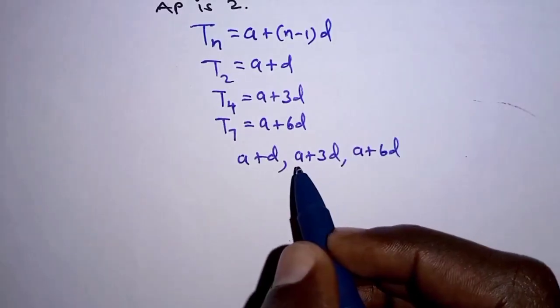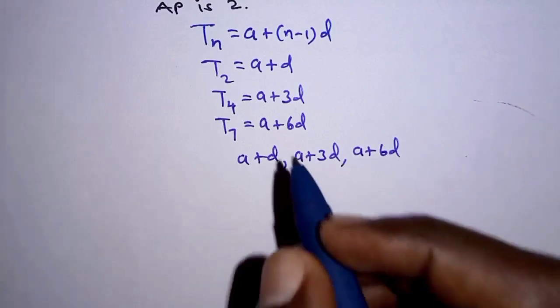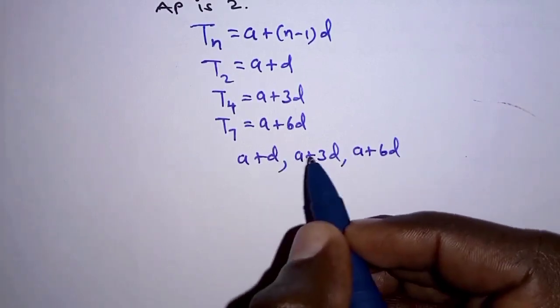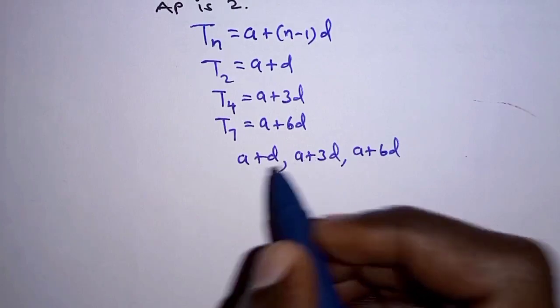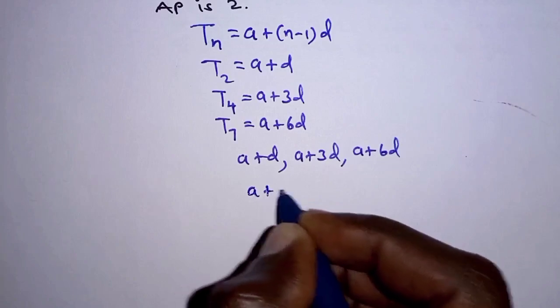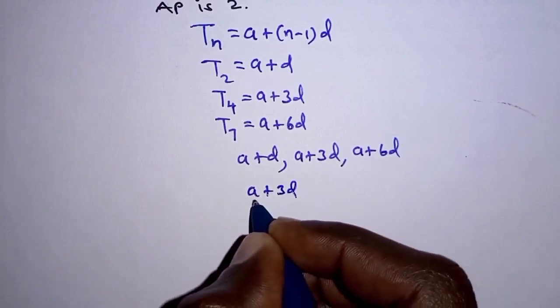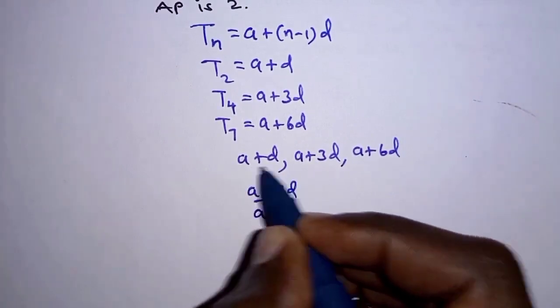So here we are going to have an equation of the common ratio. We consider two consecutive numbers, and the one to the right is to be on the numerator. So we have A + 3D over A + D for this first pair.